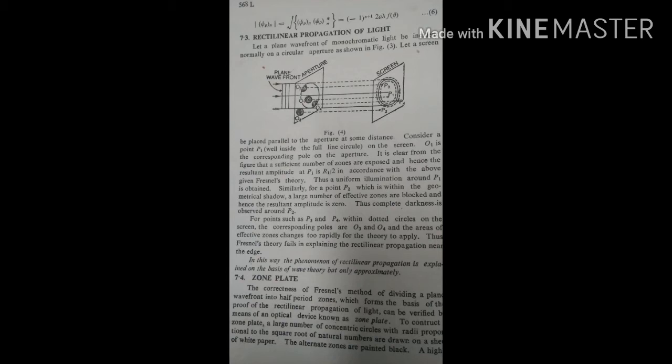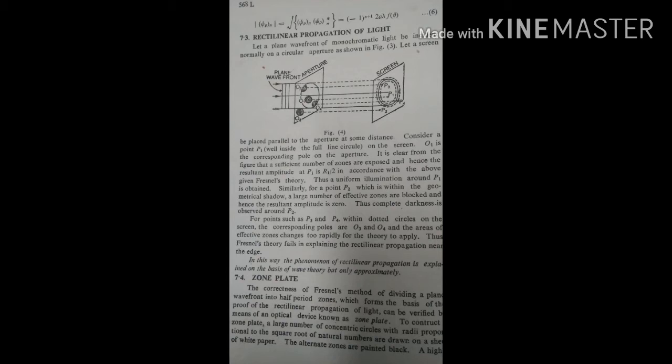Thus, Fresnel's theory fails in explaining the rectilinear propagation near the edge. In this way, the phenomenon of rectilinear propagation is explained on the basis of wave theory, but only approximately.